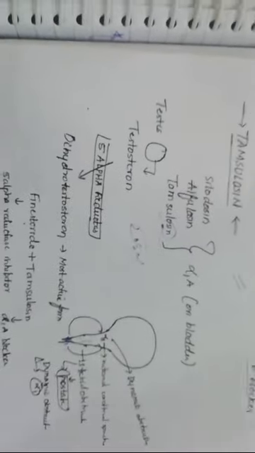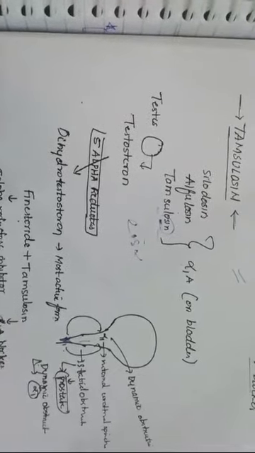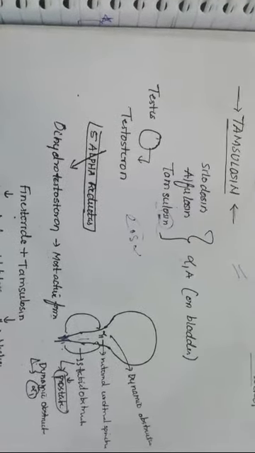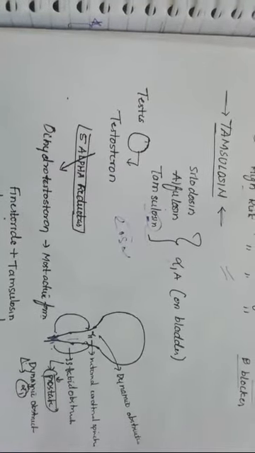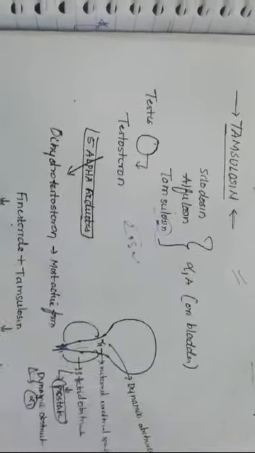So now let us understand in which all conditions we can give this tamsulosin, the alpha-1a blockers. Before that, you should understand something. Our prostate gland is sensitive to something.